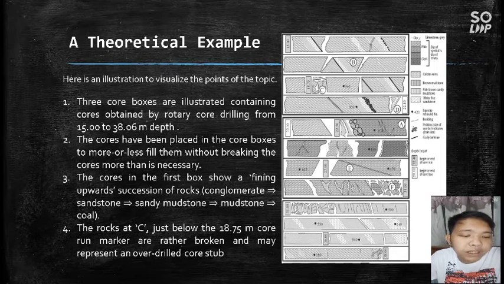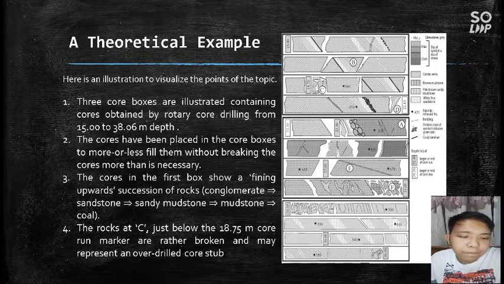Fifth, the fragments of rock at D would not appear to be in the correct place and may come from the bottom of the run at 22.5 meters. Sixth, the joint at E may be open, and if, when its two surfaces are placed in contact, the thickness of the core is less than the diameter drilled, then the joint is open and the aperture can be calculated.